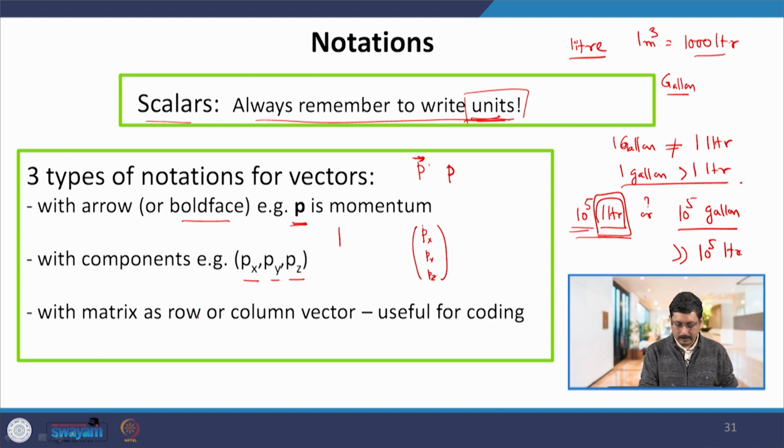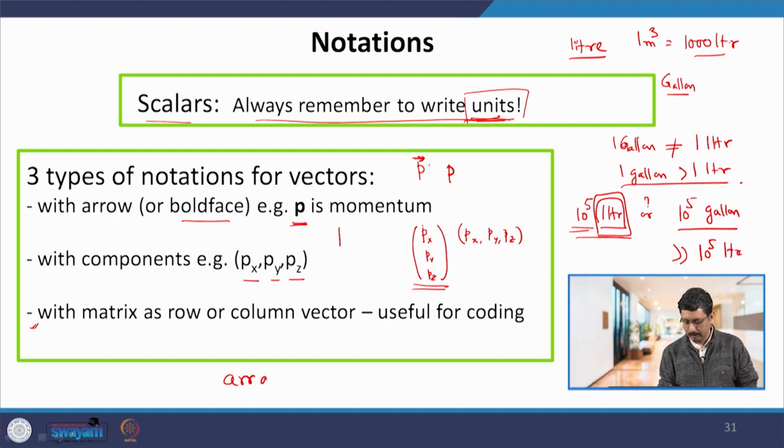Now, in modern days, with this third way of writing, you can write it as a row vector or a column vector. So, both will be used in this course.